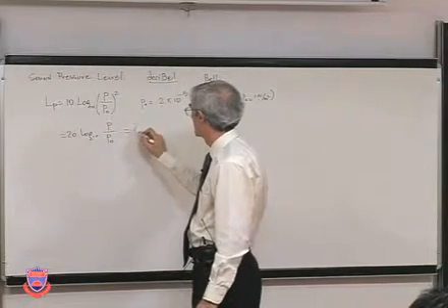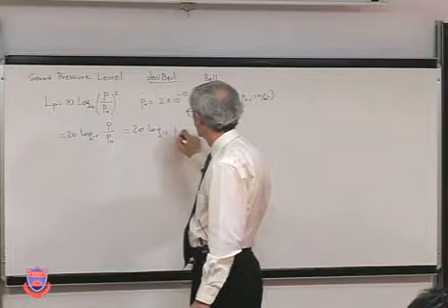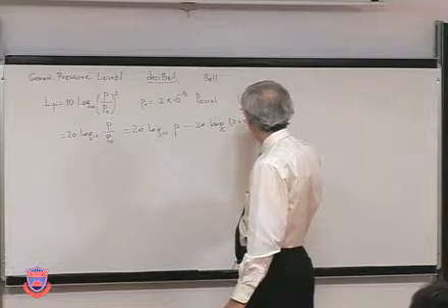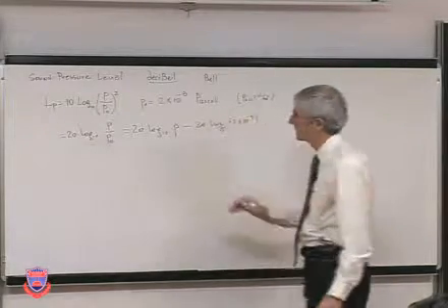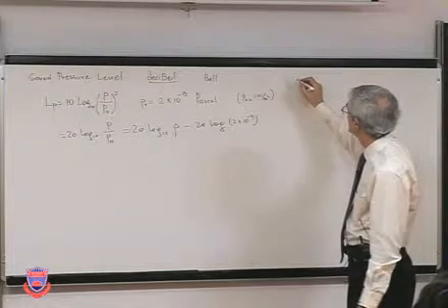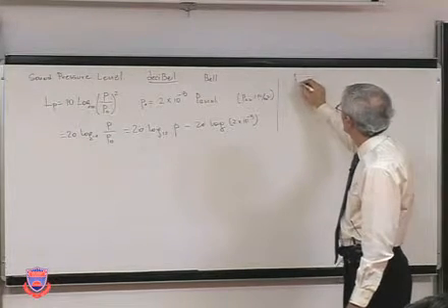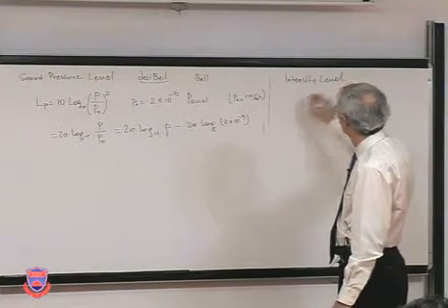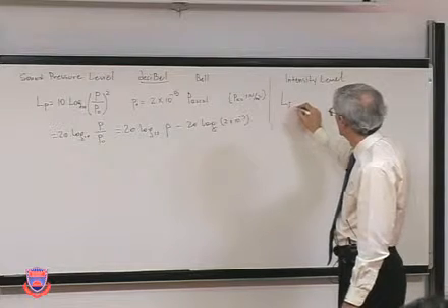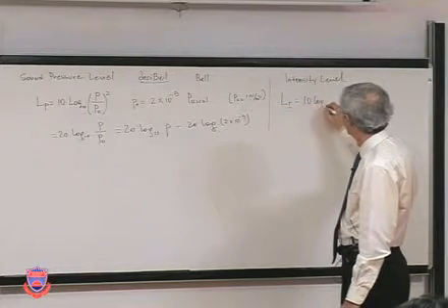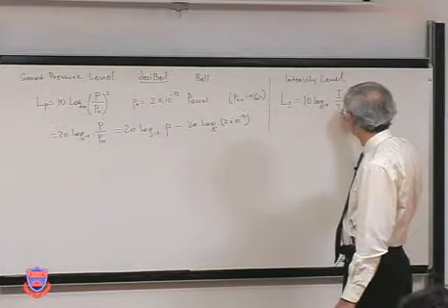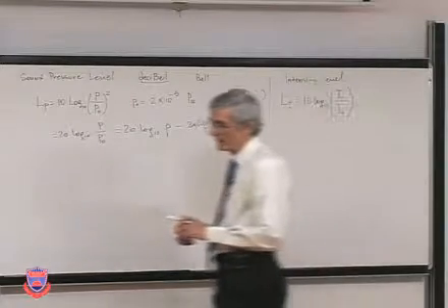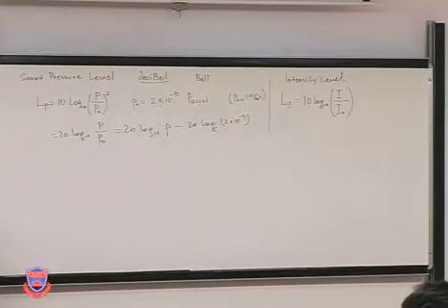And you can also write it in a number of different ways, and so on. This is a constant. But regardless, that's the one. Now, similarly, you can write intensity level. In this case, intensity itself is an energy-like or power-like quantity, so we do not take a square.